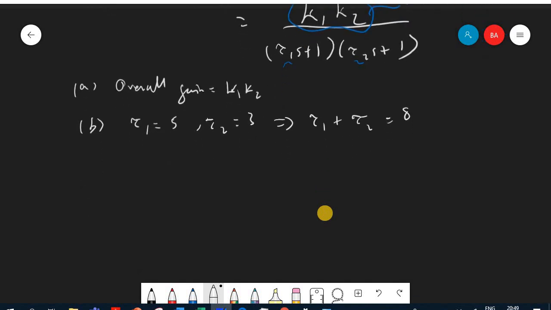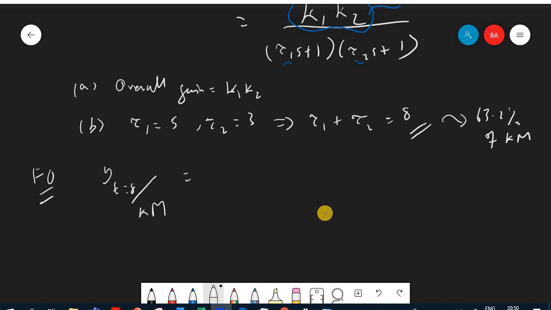We know that if this is the time constant and it causes 63.2% of Kn, then for a first order process, for y at t equal to 8, y divided by y infinity or Kn is equal to 0.632.